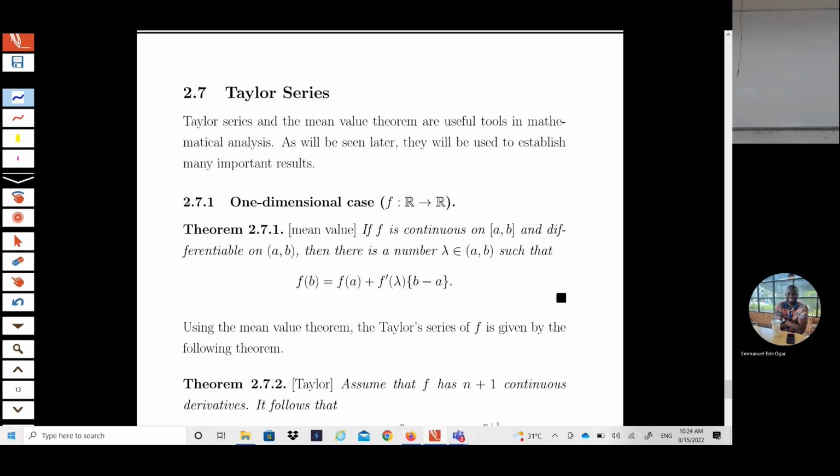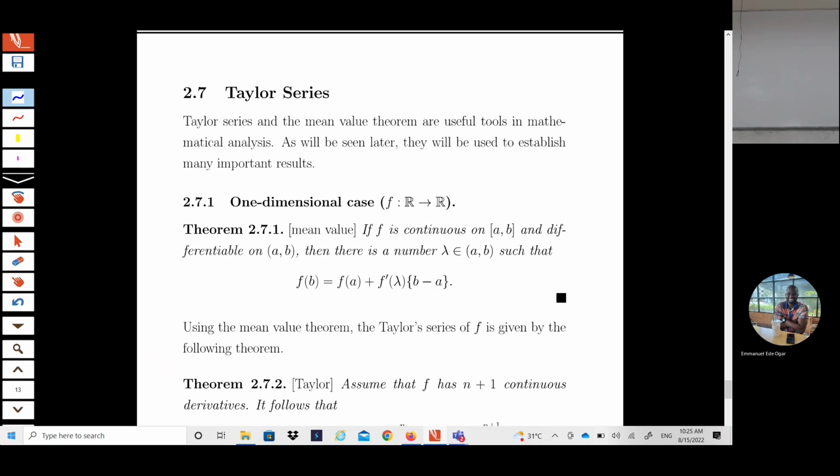Taylor series are an important tool in mathematical analysis. When you do mathematical analysis, you will find that we often use a Taylor series.